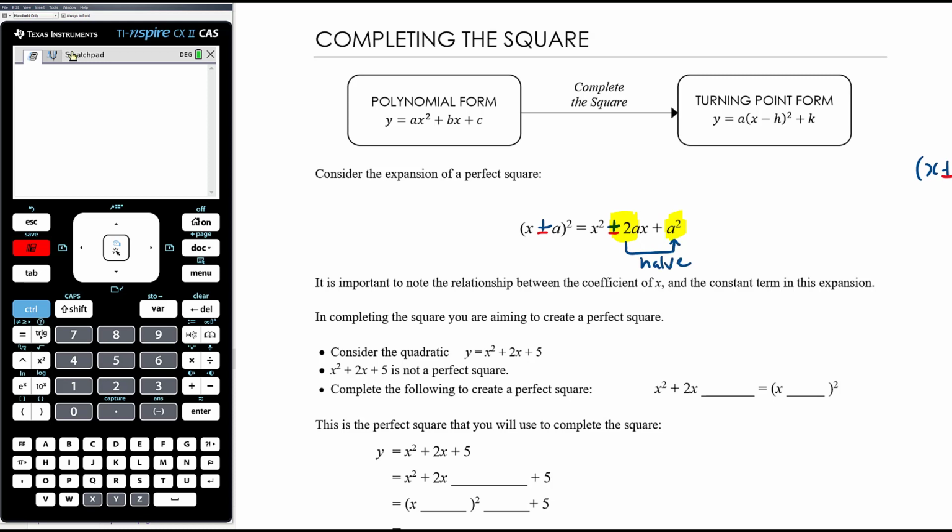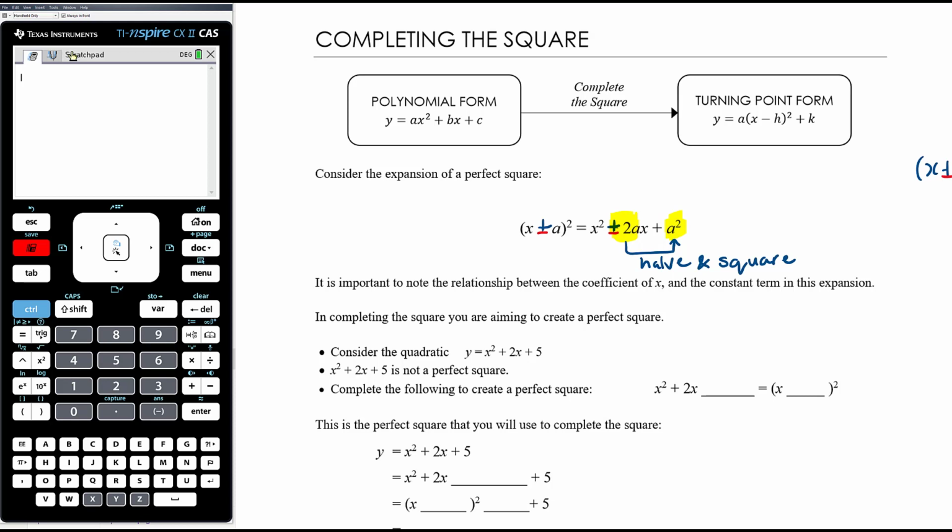If I have positive or negative 2ax, sorry, forget the x, just the coefficient, positive or negative 2a, when I halve it, I get positive or negative a. Then when I square positive or negative a, I get a squared. So I want to halve and square the coefficient of x in order to work out what's happening with the number on the end in the perfect square.